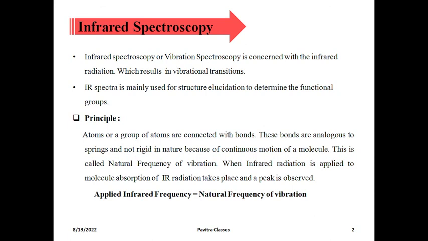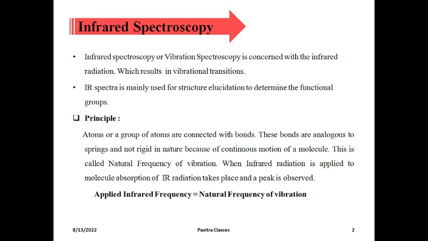When the infrared radiation falls on that particular molecule, whenever the natural frequency of vibration is equal to the applied infrared frequency, the peak of that molecule can be observed. The vibration frequency is particular for the particular bond of the molecule. If alcohol, ether or carboxylic acids are there, they will have their exact vibrational frequency.